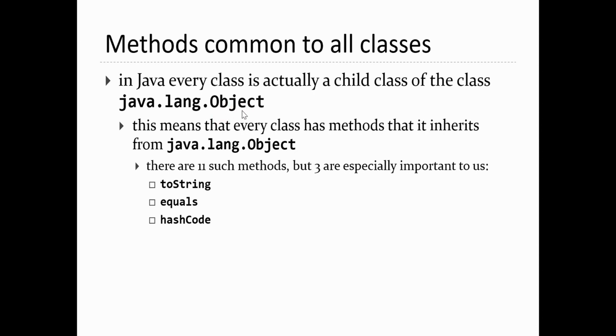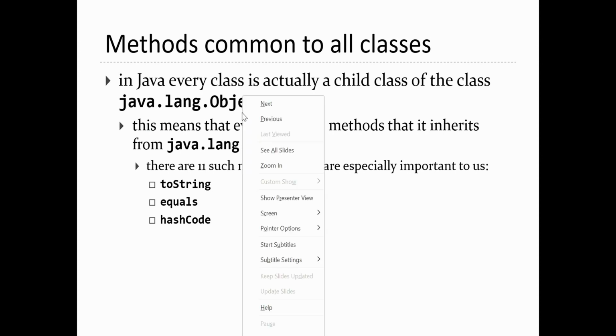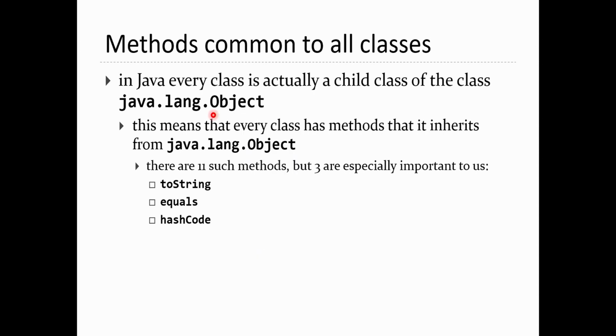We'll talk more about subclasses in a couple of weeks. But what you need to know for now is that if every class is a subclass of Object, then what that means in Java is that every class has the methods that are defined in Object.